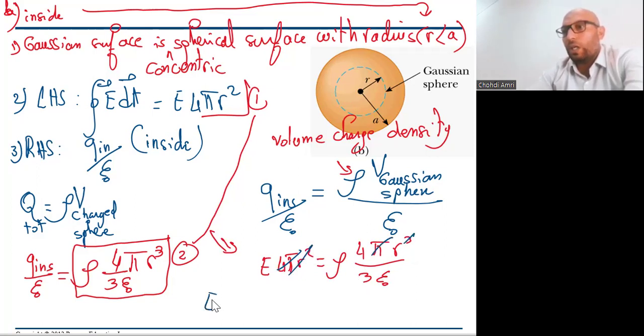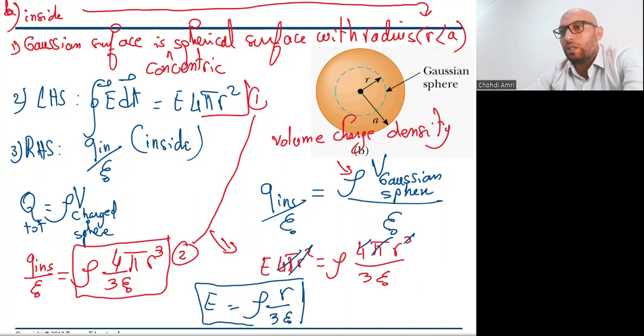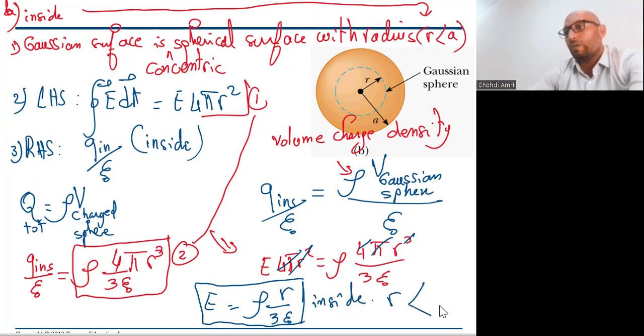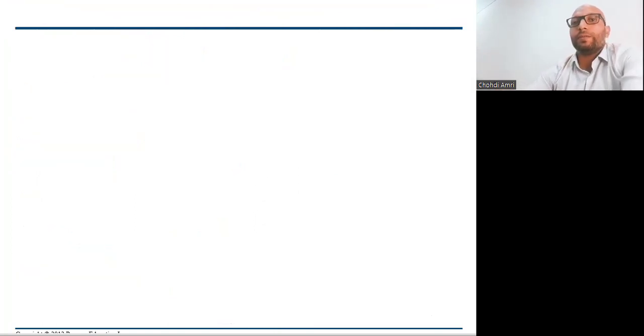So that means our electric field is equal to rho multiplied by r divided by 3 epsilon naught. This is our electric field inside the charged sphere, where the radius of the Gaussian surface is smaller than the radius of the charged sphere. Okay, so let's summarize.